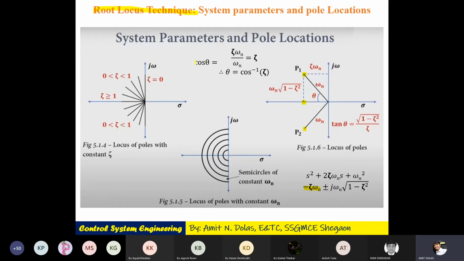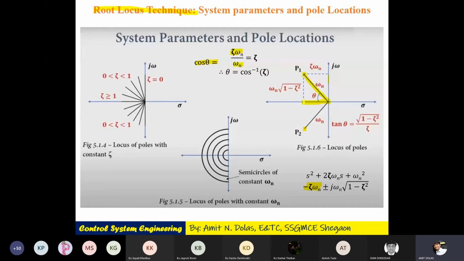I have cos of theta. How will you calculate cos of theta? This value is zeta omega n, and this value is omega n. So cos of theta is simple mathematics, geometry, you can apply.